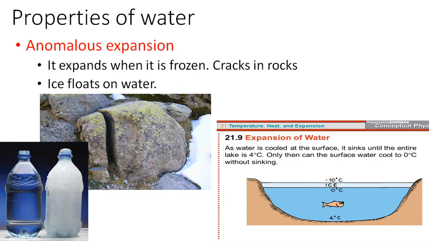And the example is, if we fill this bottle with water and we put it in the freezer, it becomes solid, and the space of the same solid water is larger than the liquid. So that's the reason why some cans can explode in the freezer.